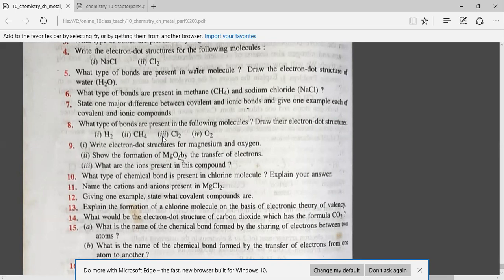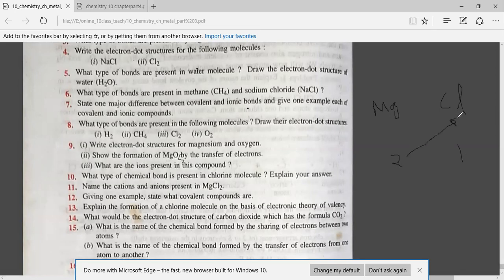We have MgCl2, valency of magnesium and chlorine. Two should come from here, and one should come from here.